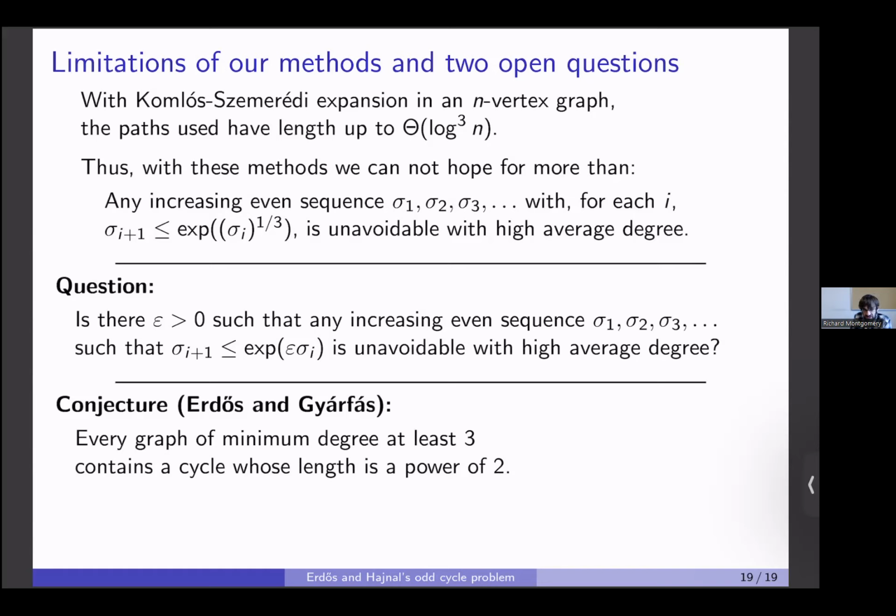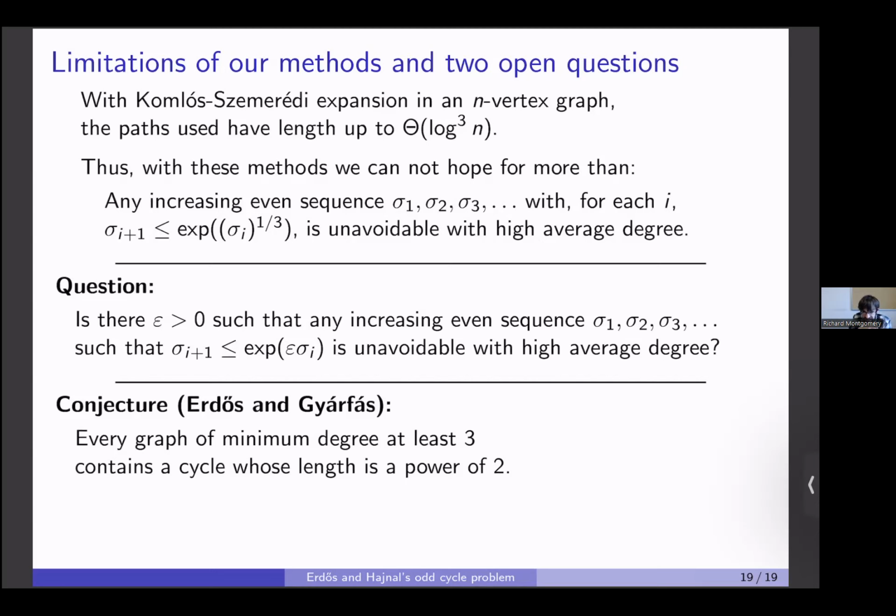But if you, again, look into the constructions of Erdős on having graphs with no cycles up to around log n, with n vertices, it seems reasonable there might be some upside on any increasing even sequence which grows really quickly. So at most, a subsequent term is at most exponential in just some epsilon times the previous term. So maybe even sequences that grow as fast as that should be unavoidable with high average degree.